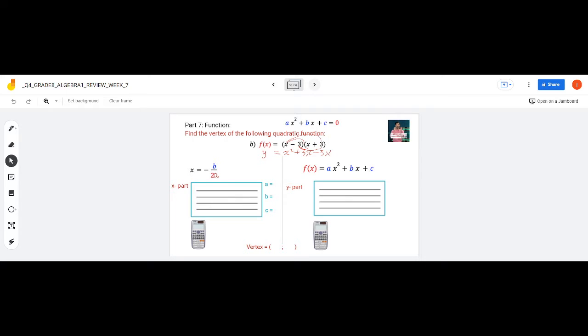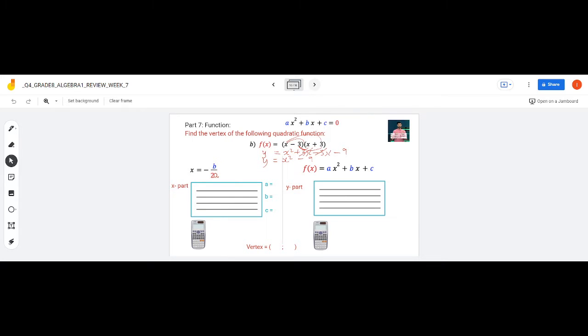A lot of students say negative 3 times positive 3 is negative 6, which is not true. So the answer is negative 9. Then y is equal to x squared. The positive 3x and the negative 3x cancel out. So my answer is x squared, negative 9.